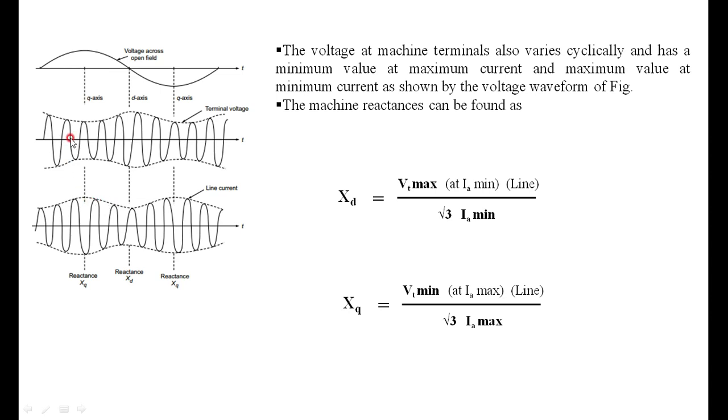That gives the value of Xq. This is how we determine Xd and Xq of a salient pole alternator. The procedure is very simple.